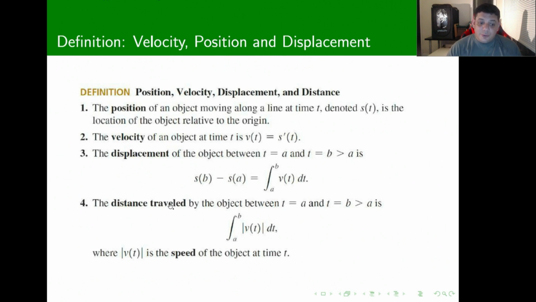Now the distance traveled by the object between those 2 points is the integral of the absolute value of v of t, the absolute value of v of t representing the speed of the object at the time.